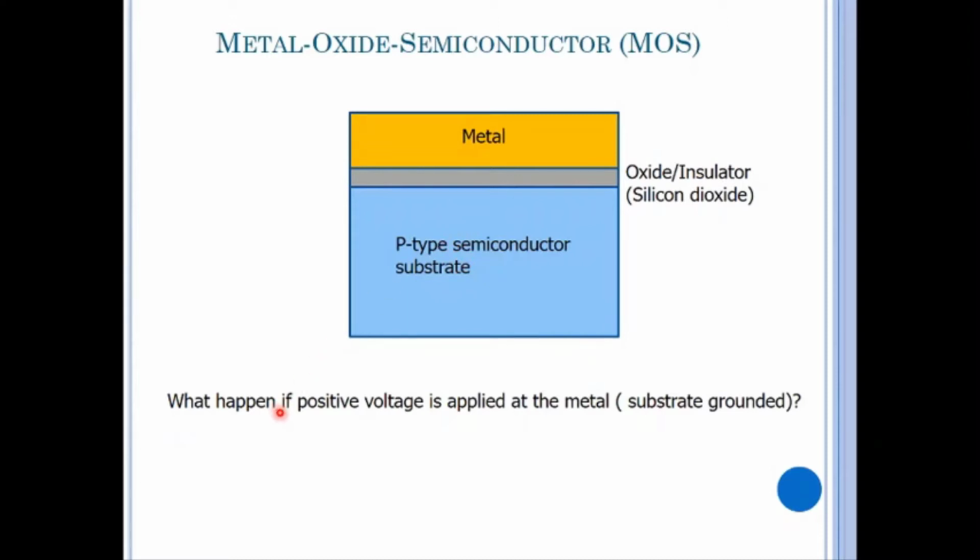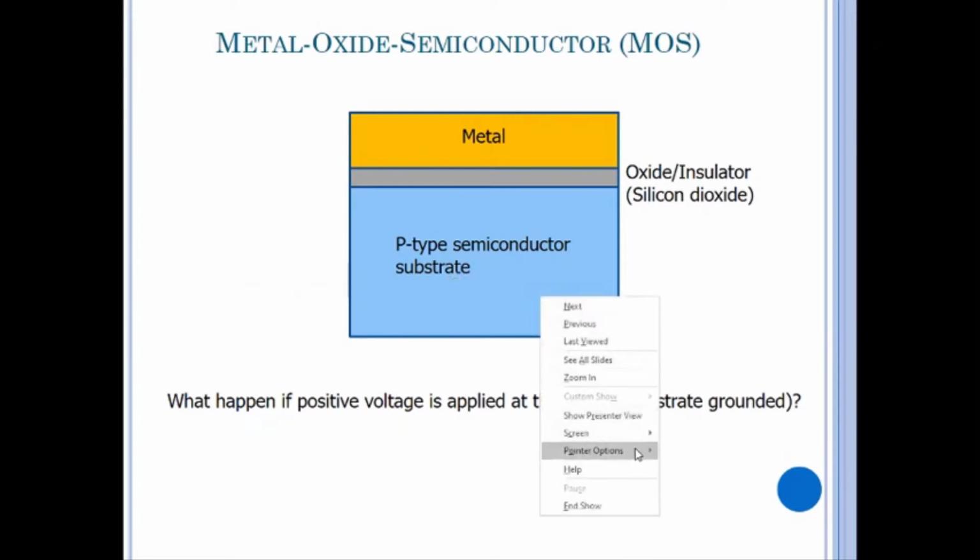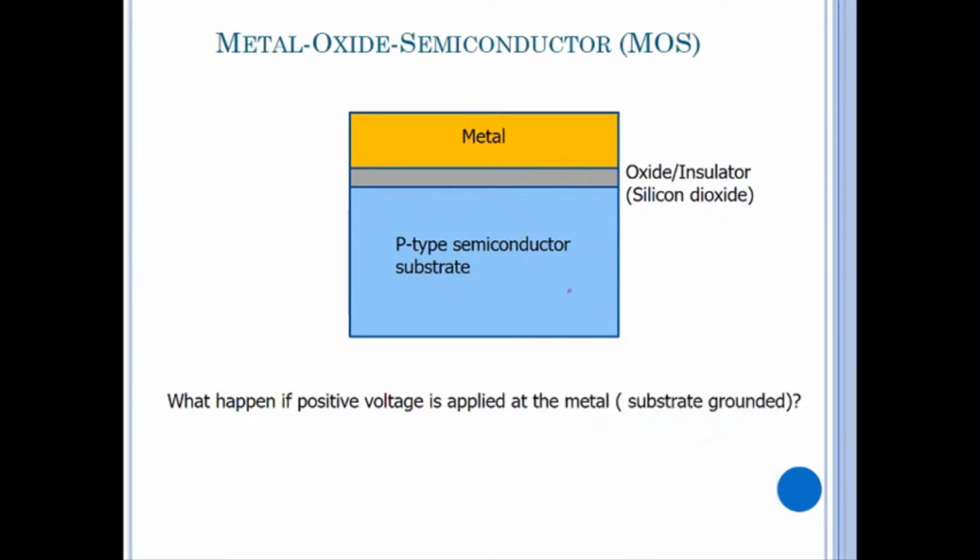So this is the question: what happens if a positive voltage is applied at the metal and the substrate is grounded at the same time? We want to consider what will happen when we apply the positive voltage.